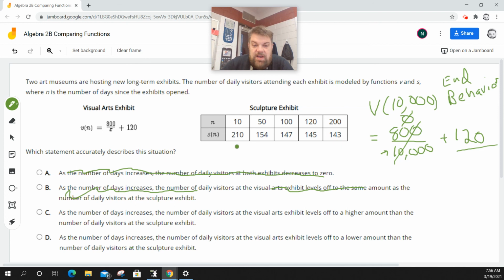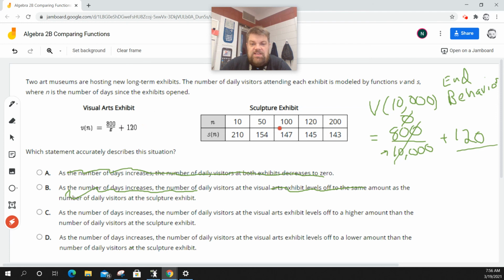Right here, this is at 210 after 10 days. After 10 days here, this is at 128, right? Well, as this one gets smaller, this one never really increases. It only approaches 120 and then it gets there.